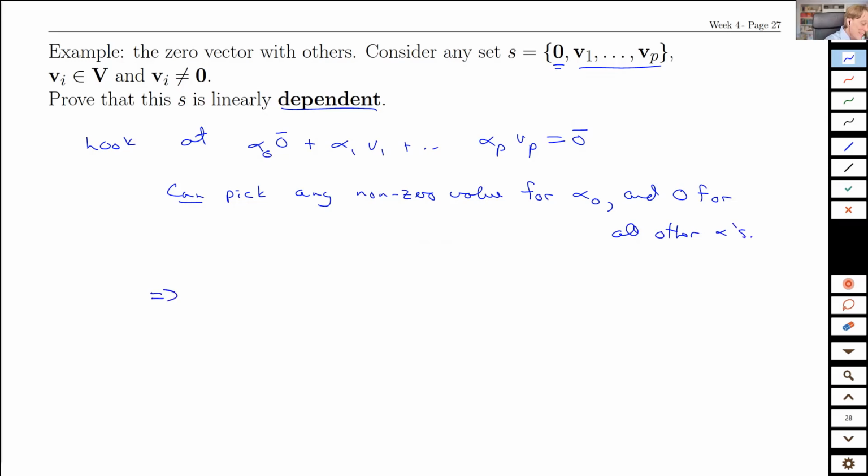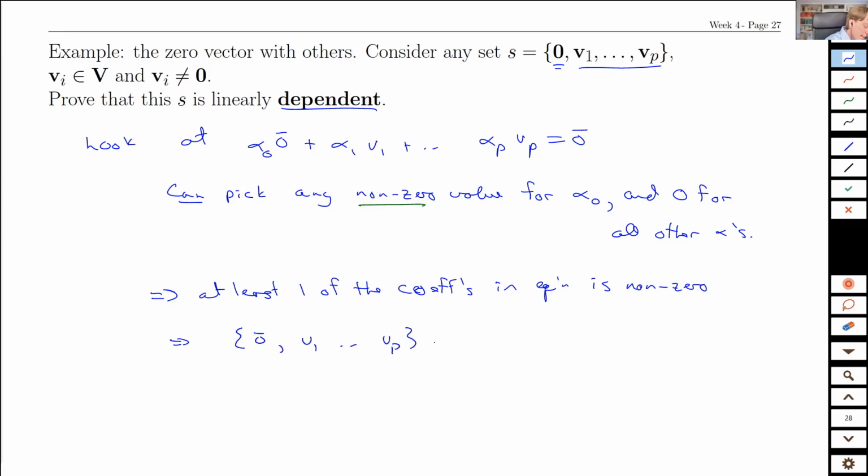But the key thing is we have one non-zero value. That's all it takes. At least one of the coefficients in the equation is non-zero. That means that our set of the 0 vector and this other bunch, doesn't matter, will be linearly dependent.